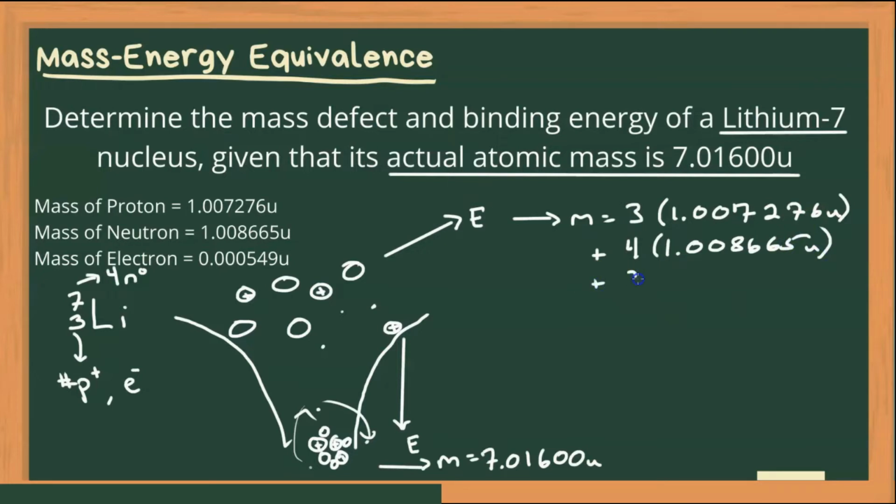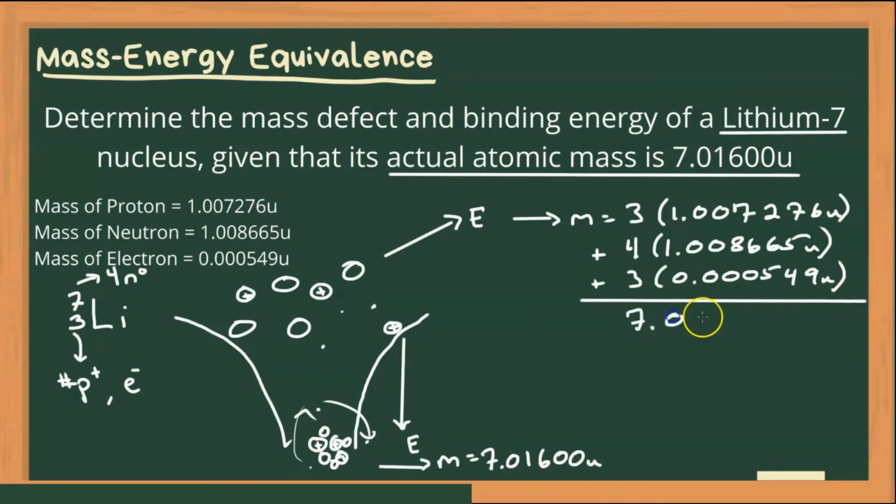And 3 electrons. So 0.000549. And that gives us a total mass of 7.058135 atomic mass units. So notice that this mass is a little bit bigger than this mass.